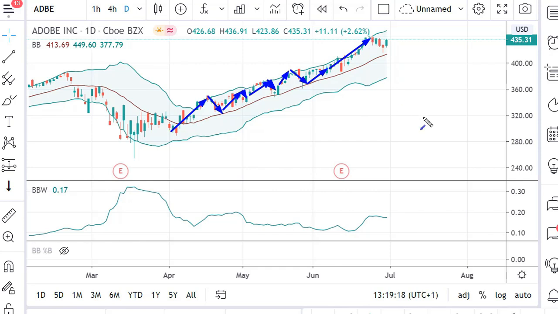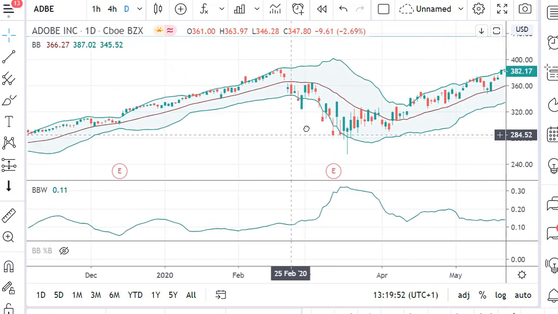So it's simply walking the upper band here. That tells us that as long as the two Bollinger Bands are pretty much parallel here, we kind of have a trend channel where the price is strong enough to stay in the upper range.